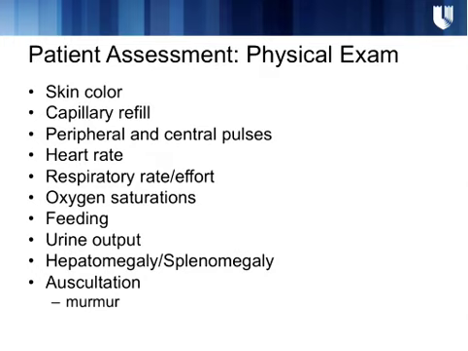So patient assessment. First, we'll talk about the physical exam. The main things we look at, which I'll describe in further slides, is skin color, capillary refill time, the quality and strength of peripheral and central pulses, the infant's heart rate, the infant's respiratory rate and effort, infant's oxygen saturations, feeding qualities, and if there's any difficulty feeding, urine output, if there's any organomegaly, such as hepatomegaly or splenomegaly, auscultation, and in particular, listening for murmurs.